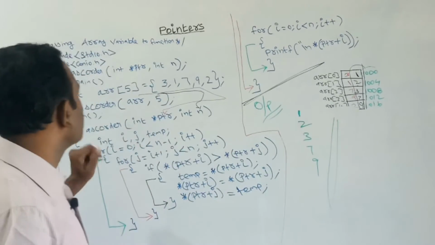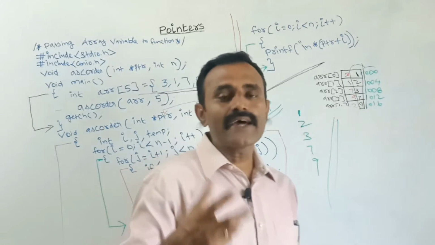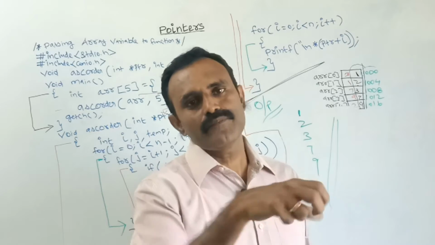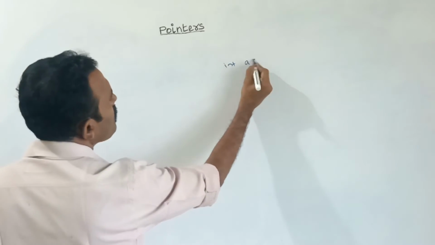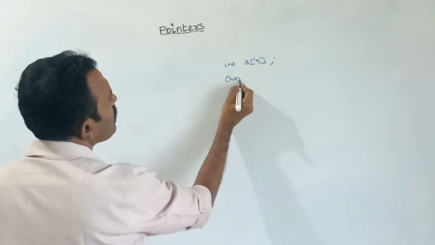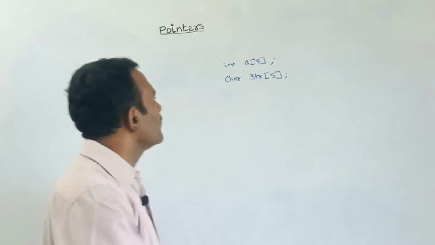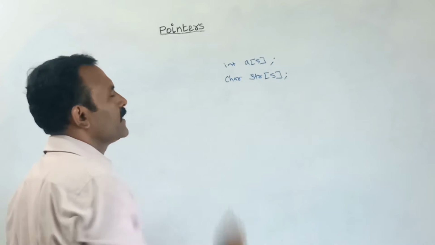Next, let us see some examples of how to pass an array, that is a character array, and how to manipulate the data by using pointers. Say here, this one is integer data type, this one is character data type.